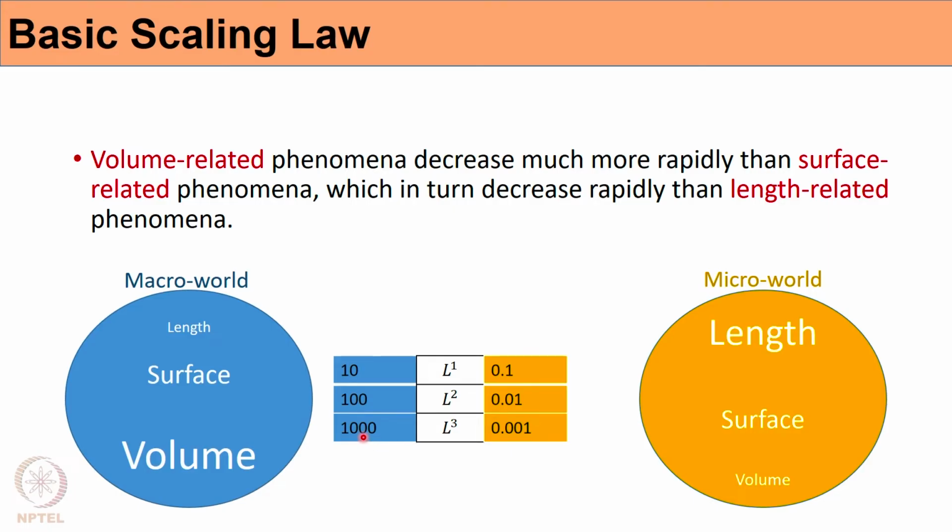Whereas if we now reduce the L by 10 times, then this force will reduce by 1000 times, whereas the surface or length dependent forces will not reduce by 1000 times, they will only reduce by 10 times. So, forces which are volume dependent, or volumetric forces, will be dominant in the macro world, whereas the one dimensional or two dimensional forces like surface tension etc. will be dominant in the micro world.